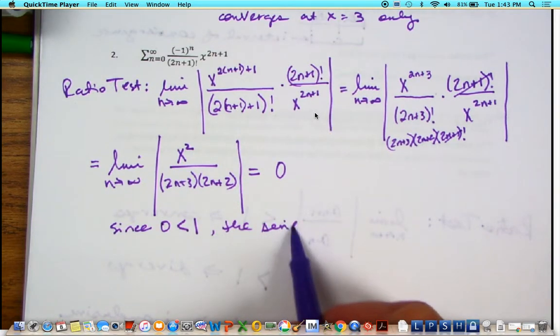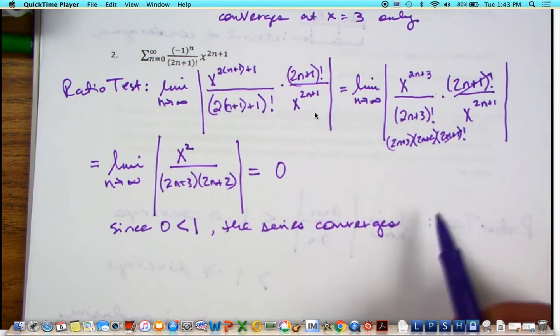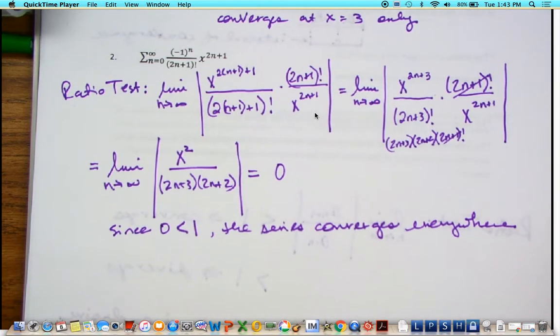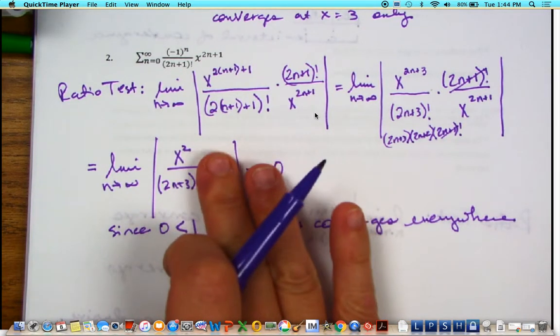the series converges where? Everywhere. So if you get 0, or if it's less than 1, it converges everywhere. If it's 0, you don't have to bother with the x at all.